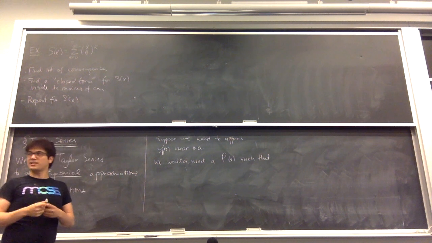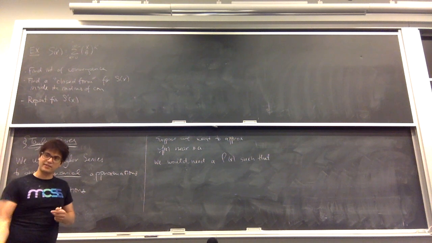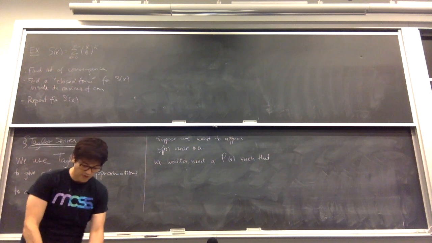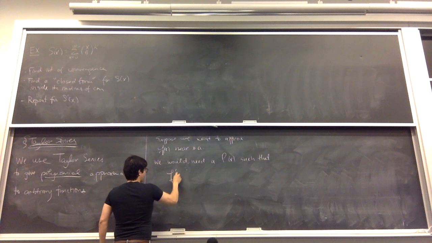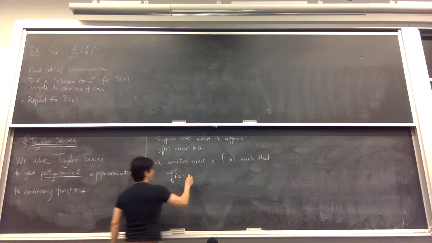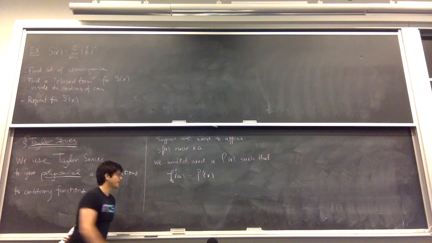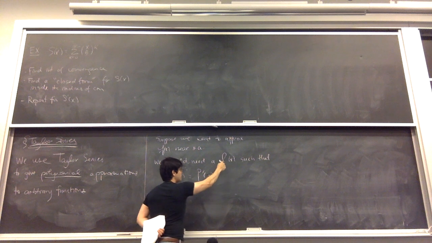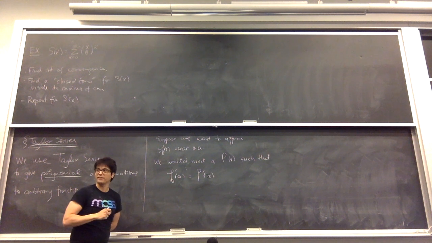So the first thing that has to be true is the slope of our power series has to be the same as the slope of the function we're trying to approximate at the point. So I can write that like this. The first derivative of f evaluated at a should be the same as the first derivative of the power series evaluated at a. If P was truly an approximation for f, it should at least have this property, right?